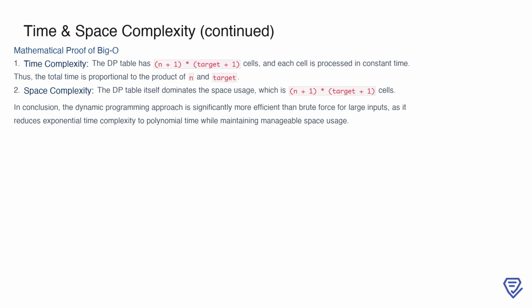Similarly, the space complexity is dominated by the DP table, which requires (n + 1) * (target + 1) cells. This proves that the algorithm has polynomial time complexity and manageable space usage. Compared to the brute force method, which has exponential time complexity, the dynamic programming solution provides a significant improvement for handling larger inputs effectively.